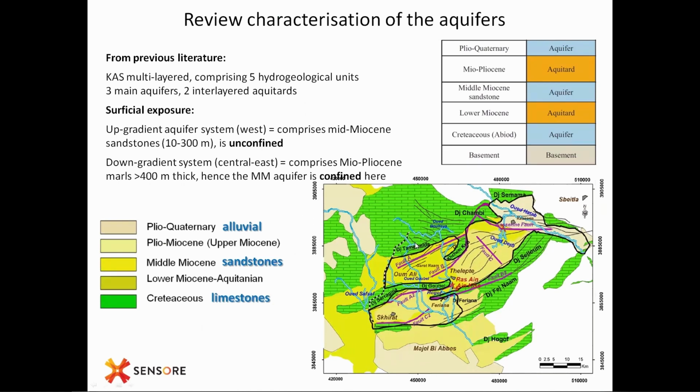Based on previous studies of this area, there are several layers available, comprising 5 hydrogeological units, which are available in this table. Some are aquifers, some are aquitards.